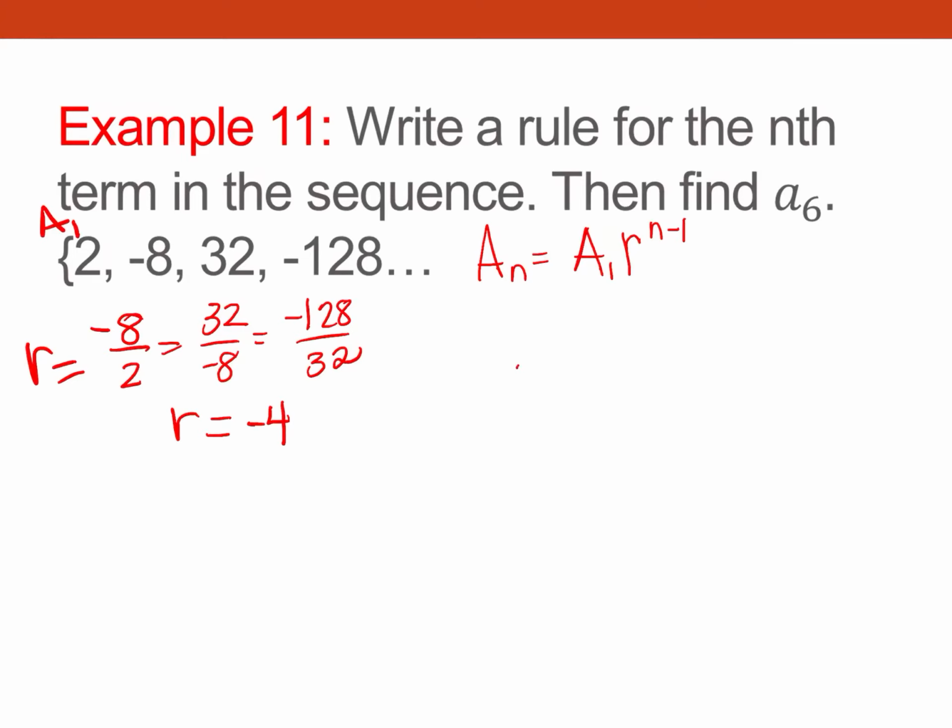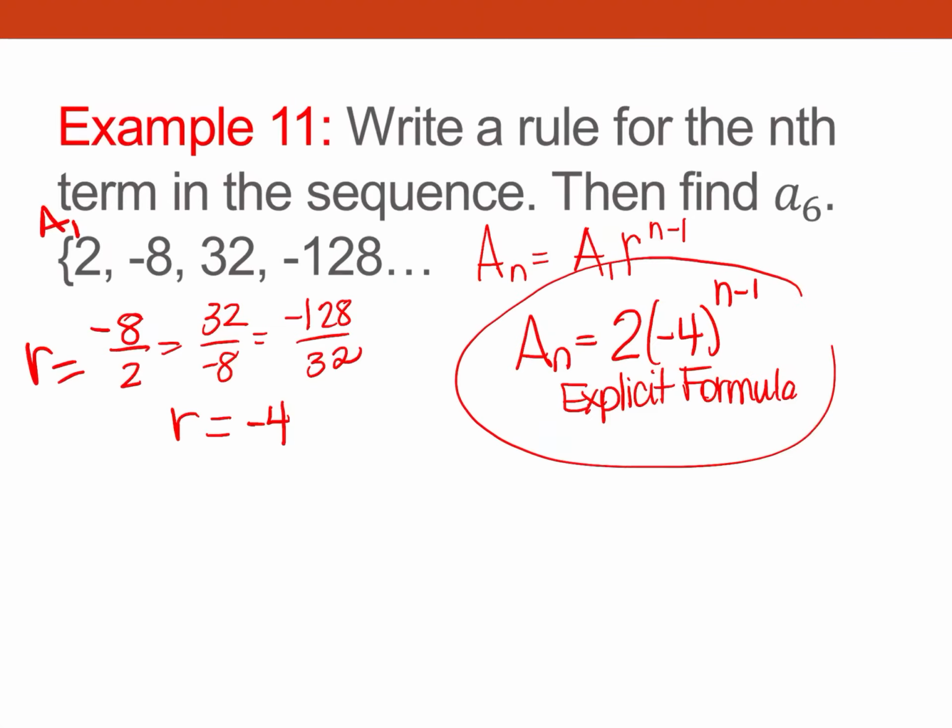A1 is 2. So plug in your values, a of n, first term, 2. Our common ratio is -4, and you do the n minus 1. This is your explicit formula. Okay, now we're going to find our sixth term, so we're going to plug in the 6 there.